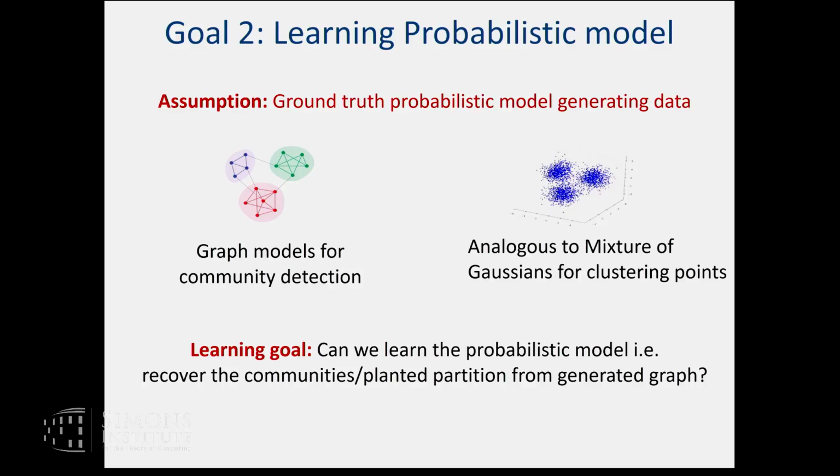But typically, if you can get a good approximation for the objective, it also translates to recovering the communities if the distribution has a nice structure. So throughout this talk, we'll be looking at both these goals, and I'll talk about different average case models and whether we can find good approximations to the objective and whether we can learn the model and recover the communities. Any questions so far?